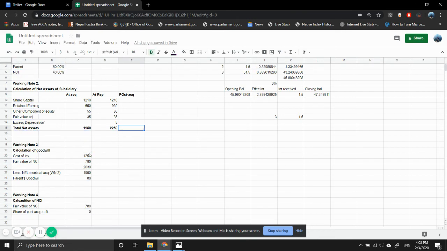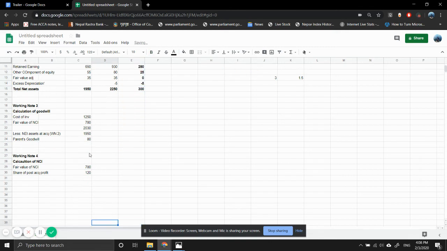So I have not calculated this figure, so I'll quickly do that. Minus this, copy, paste for all this thing. So what else is there? So impairment is not there. Any PURPs, that's already been accounted for. Okay, so I'll just leave few more lines and then do another thing.